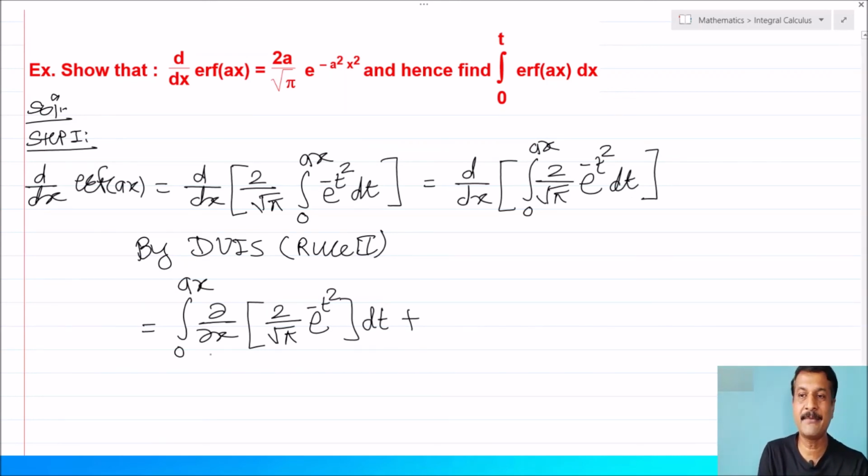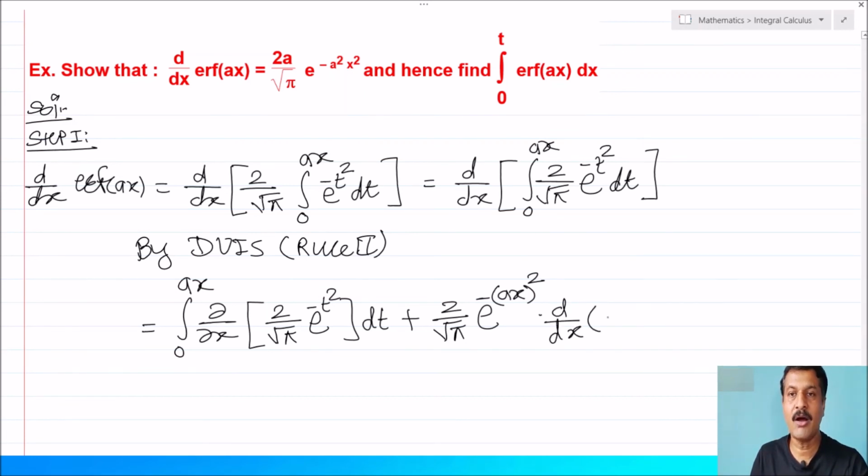Here I am taking the parameter as x. Therefore 2 by root pi e raised to minus t square, with t replaced by the upper limit ax, square, into d by dx of the upper limit, minus the same thing with the lower limit.